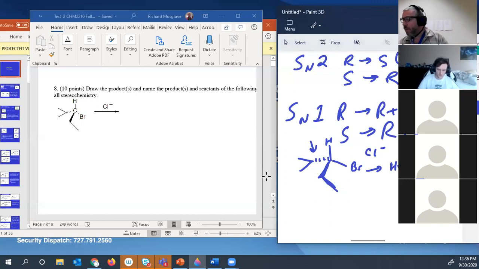But the smart play is to change it so that the lowest priority group ends up in the back. So you'd be looking for where the hydrogen is. That would be your first look for switching a group. Okay, thank you. So switch 2 groups and substitute. So you have to do both of those things.